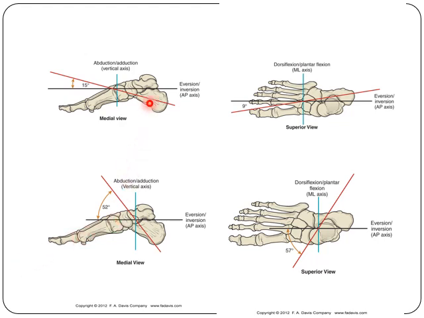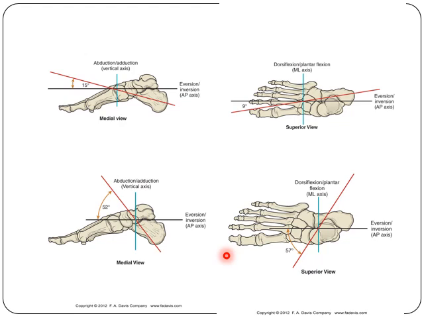So here we're looking at adduction and abduction in these pictures, and here they're orienting you to dorsiflexion and plantar flexion. Now, in this picture, the red is the actual axis that the movement takes place on, and the black line is your classic axis that you look at.